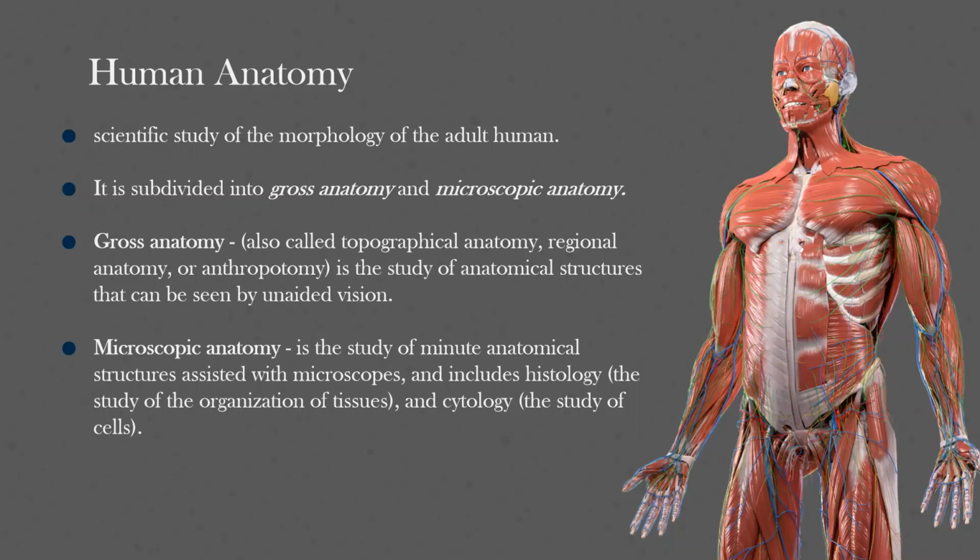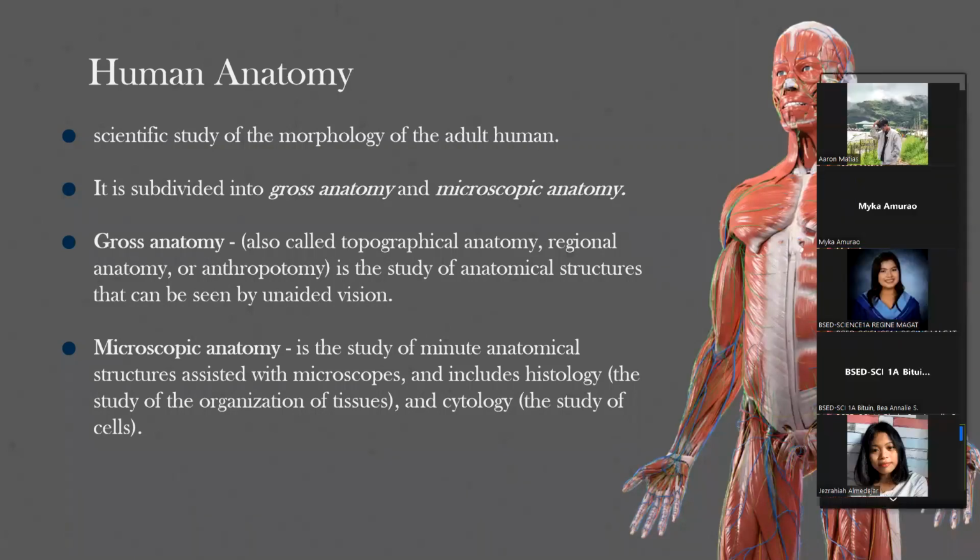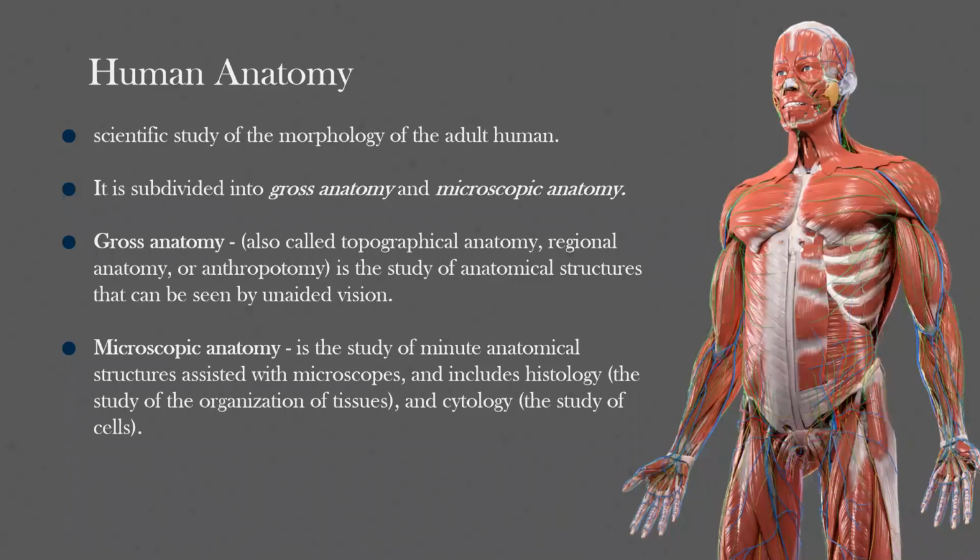Human anatomy is often defined as the study of structure in the human body. Anatomy focuses on the description of form, or how body structure at different levels looks. Gross anatomy, also called topographical anatomy, regional anatomy, or anthropotomy, is the study of anatomical structure that can be seen by unaided vision.